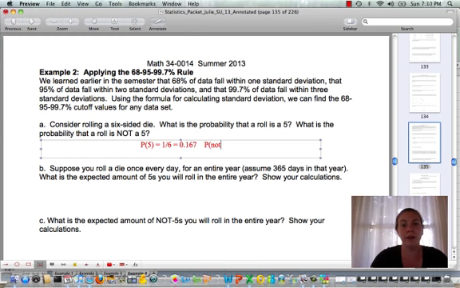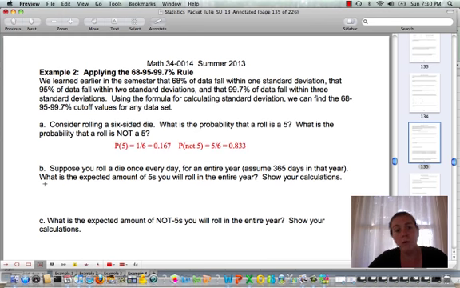The probability of not 5 equals 5 out of 6, right? Because 5 out of 6 of the sides will be different numbers. And as a decimal, that's 0.833, and the 3's keep on going, but we'll round it to 3 decimal places.